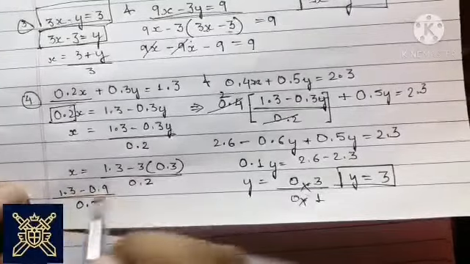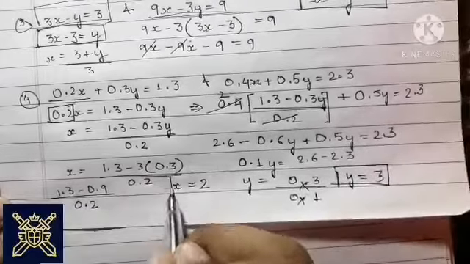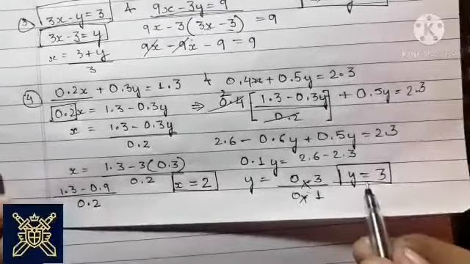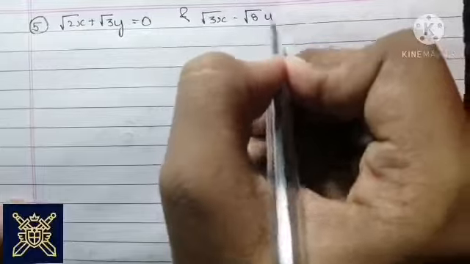That implies that you get the value of x is equal to 2. x is equal to 2 and y is equal to 3. Now let's move on to the next part. So now we have the fifth part. Here we have root 2x plus root 3y is equal to 0 and root 3x minus root 8y is equal to 0.